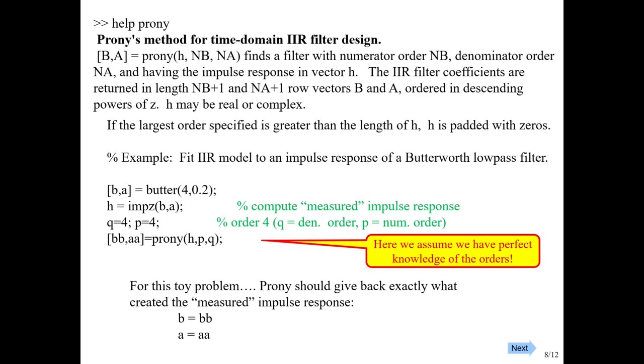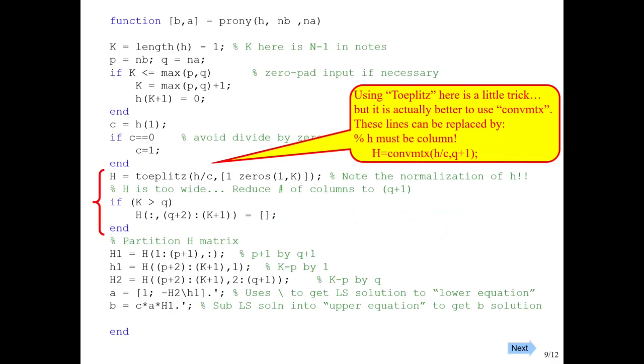That's a pretty fine quantization. And it turns out that prony gives wildly wrong answers. You had to go up to a really high order before you started getting a result that matched the original in terms of frequency response. So keep that in mind. Prony is good, but it's very, very sensitive to any kinds of errors. So maybe this is not the best way to do it.